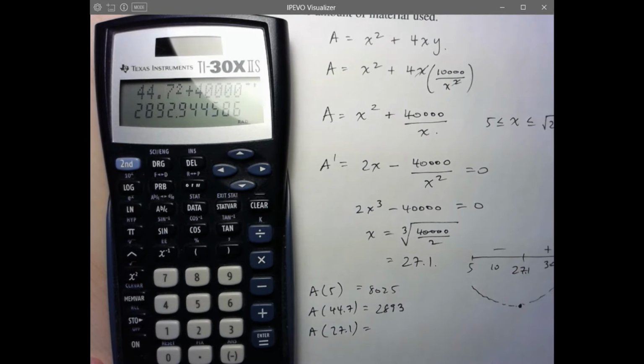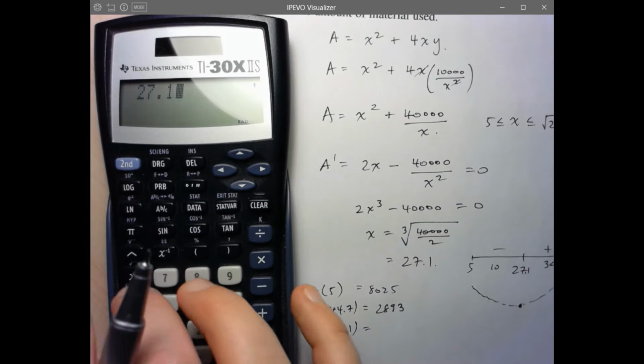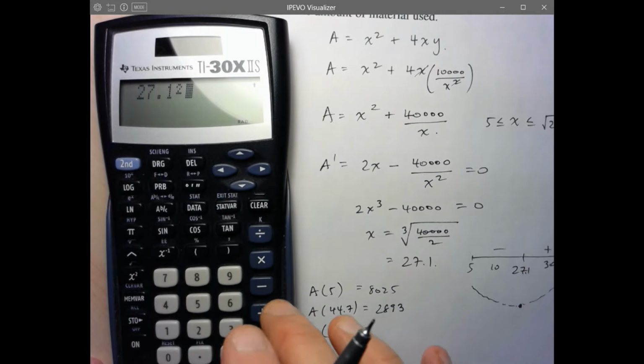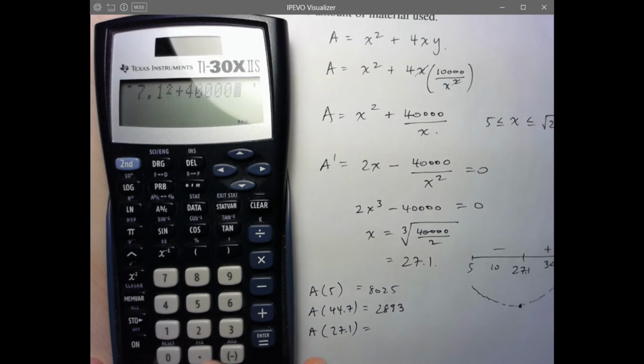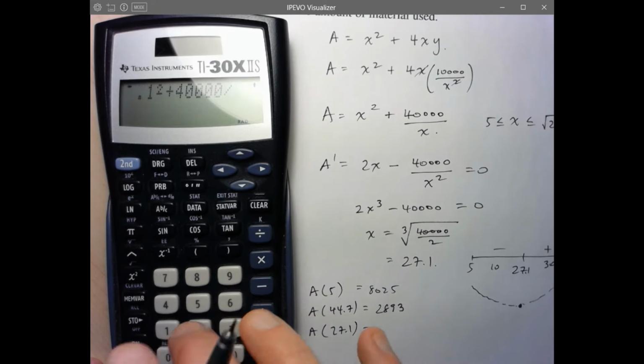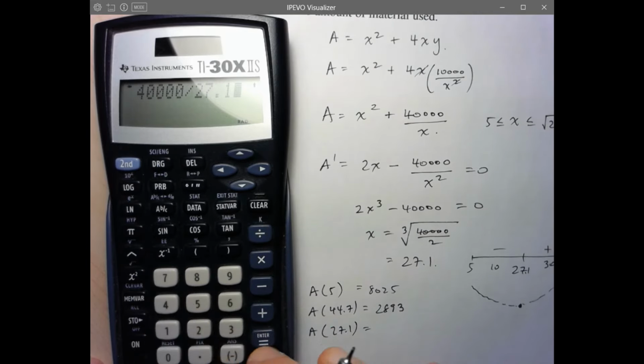So significantly smaller. Now let's test 27.1. So 27.1 squared plus 40,000 divided by 27.1, and we have 2210. So that is the smallest.